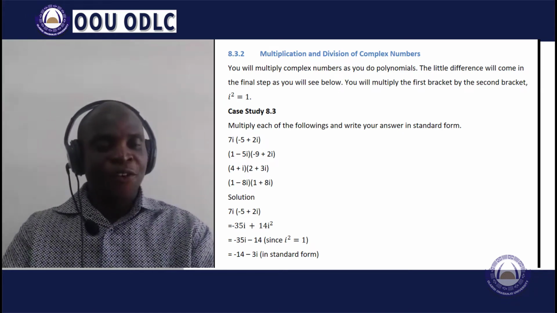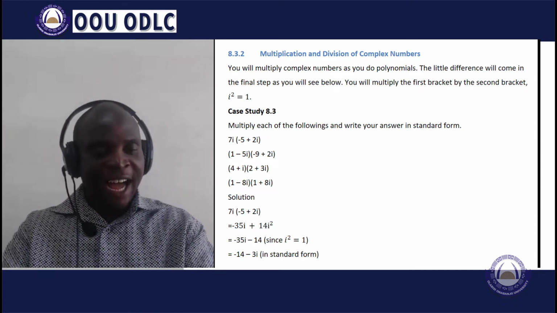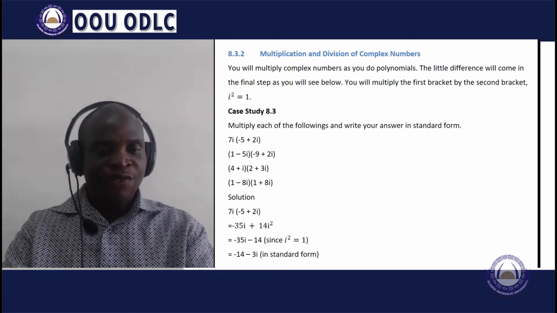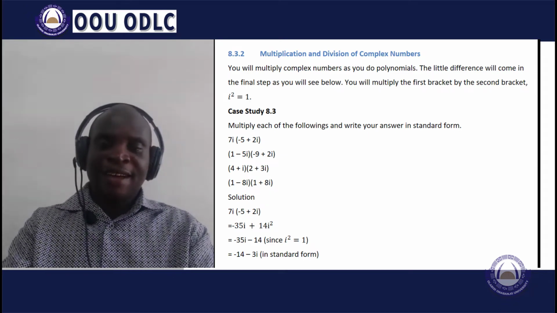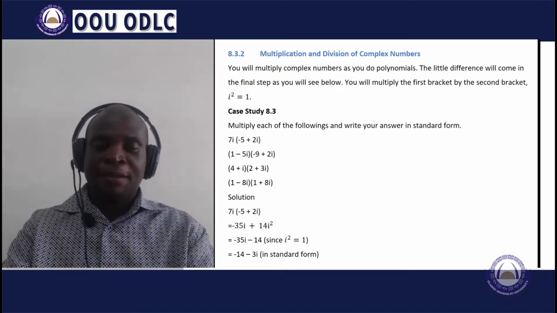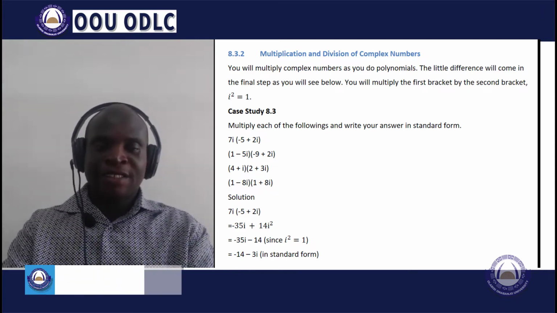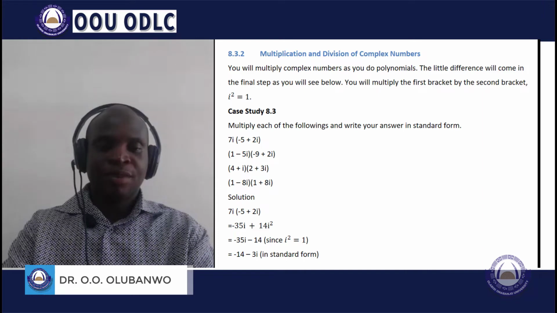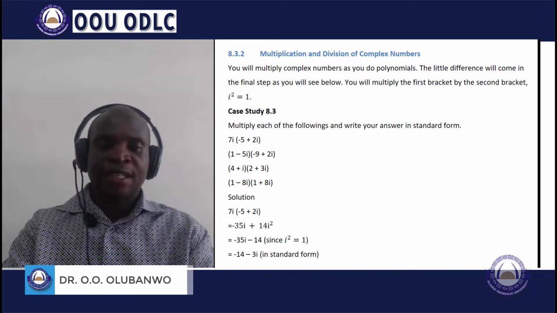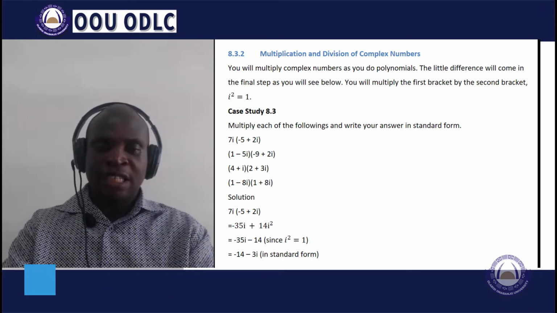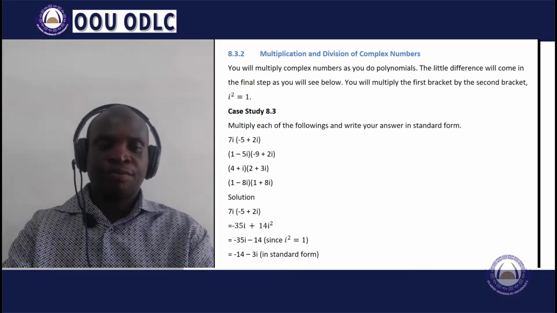Solution. Looking at the first one, 7i into bracket minus 5 plus 2i. When you look at this, 7i times minus 5, that will give us minus 35i. Then plus 7i times 2i, that will give us 14i squared.